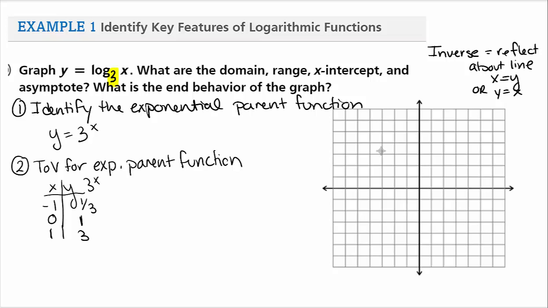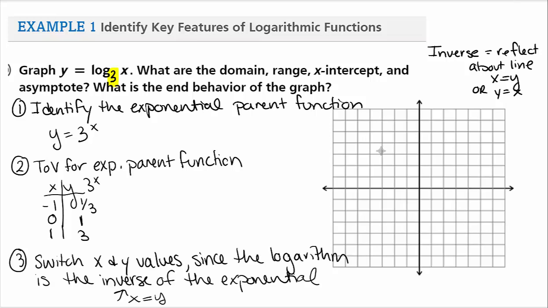The next thing we're going to do is we're going to take the inverse. So we're going to swap the x values and the y values to create the logarithm function. So the new table of values will have x values of 1/3, 1, and 3, and y values of -1, 0, and 1.